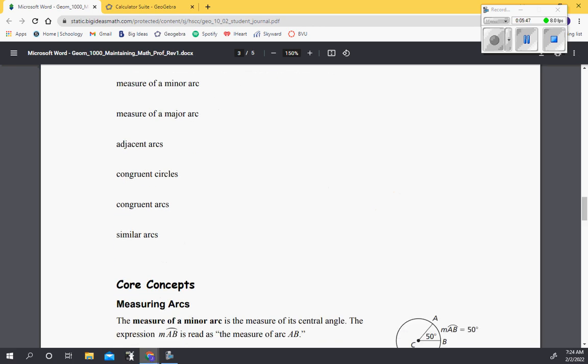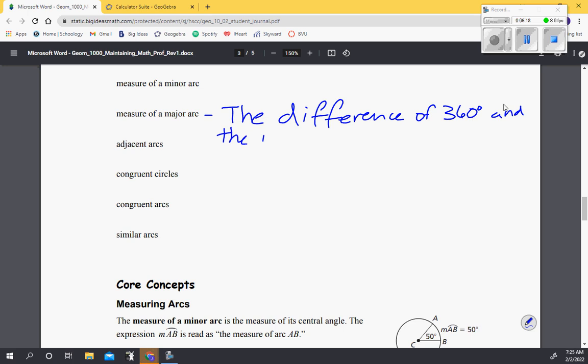The measure of a major arc is the difference of 360, because that's the measure of a circle, right? 360 degrees around, and the measure of its related minor arc.